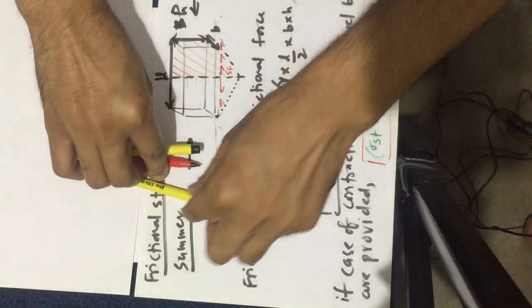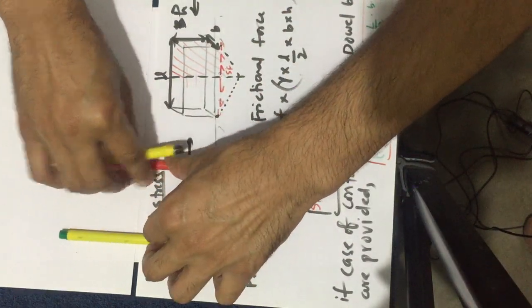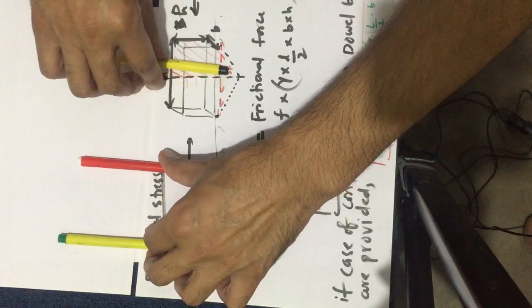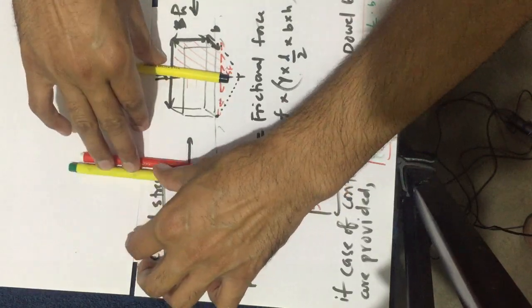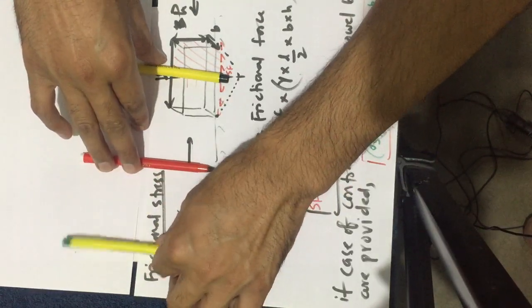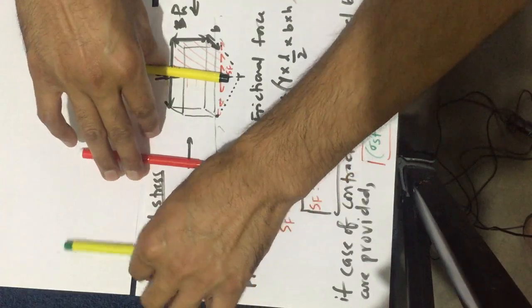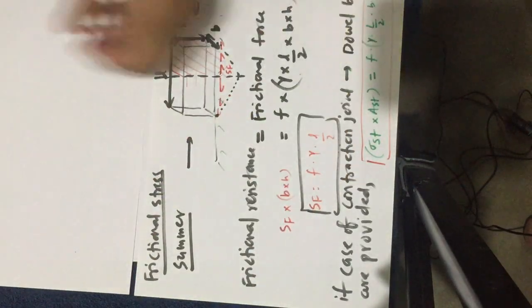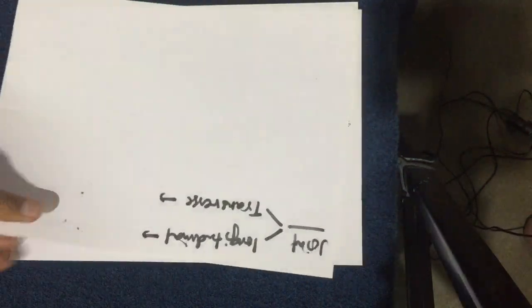And if you are tying up or introducing devices in these transverse joints, these devices are referred to as dowel bars.